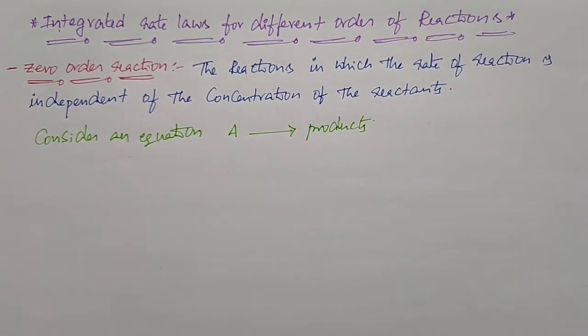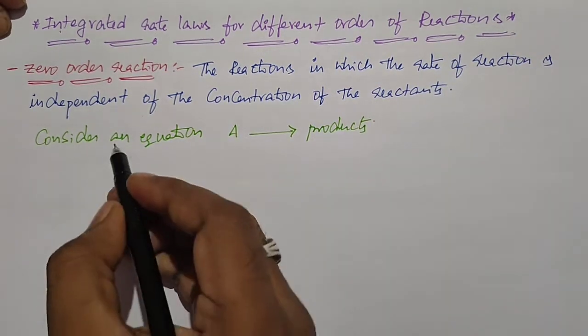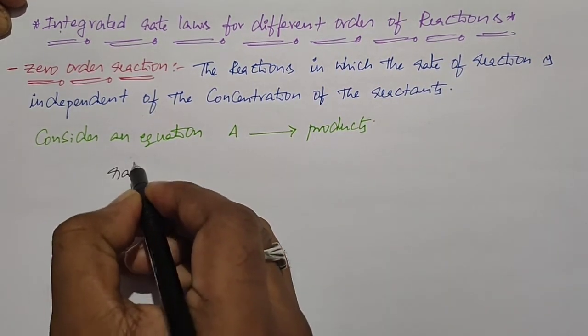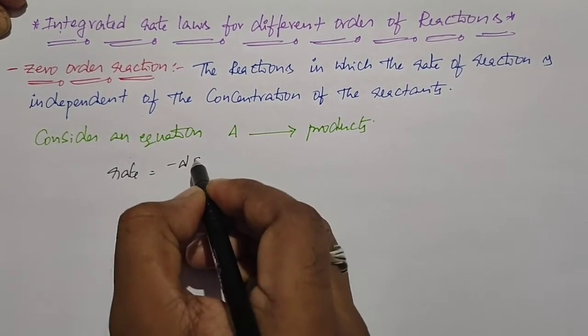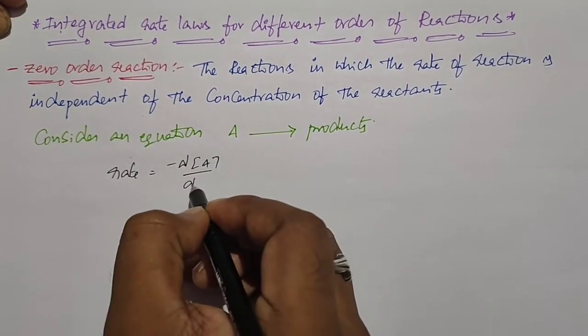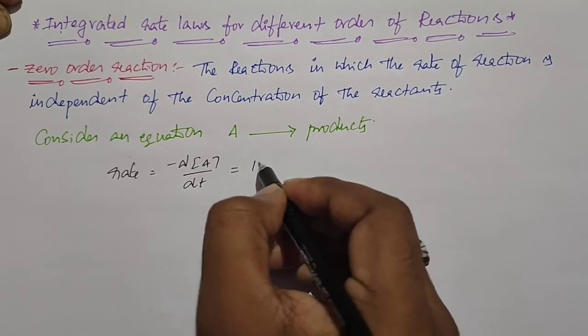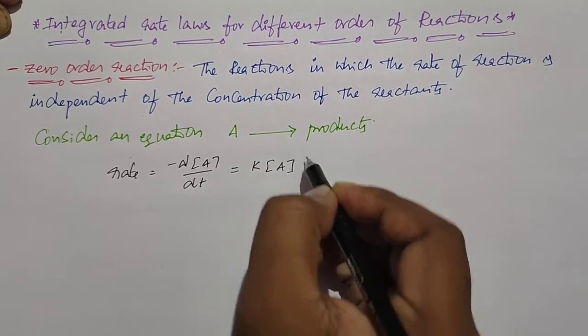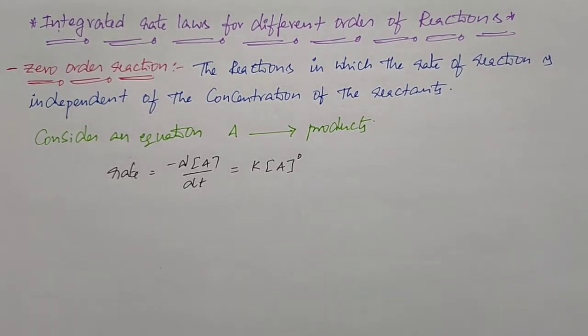If the given reaction is a zero order reaction, it must be independent of the concentration of the reactants. So for this reaction, if you write the rate law, the rate is equal to minus dA by dt with respect to the reactant, that is equal to K into the concentration of reactant power 0.